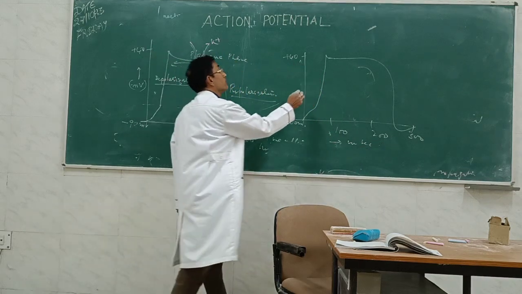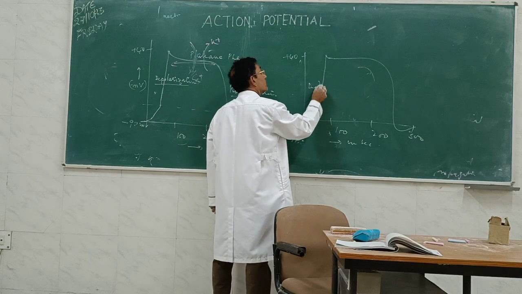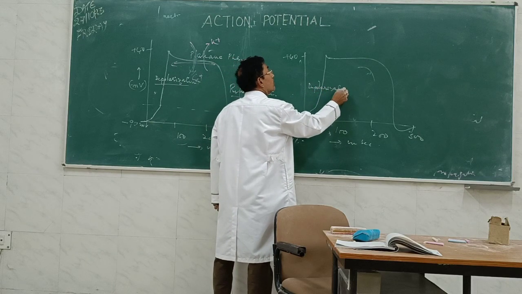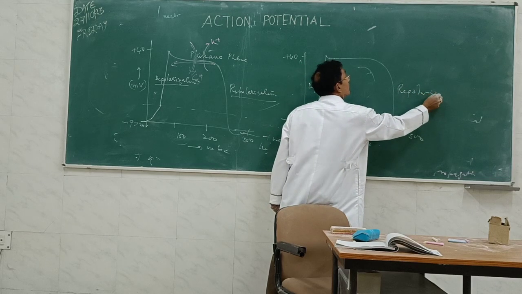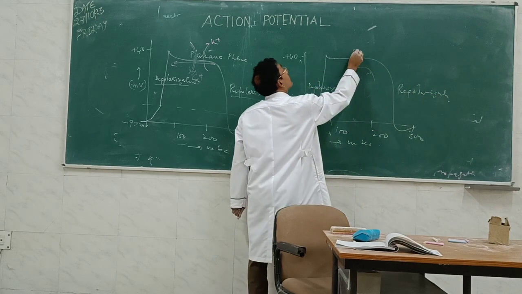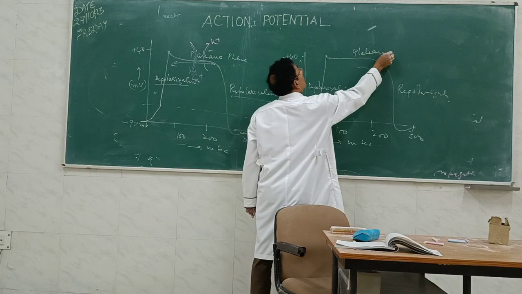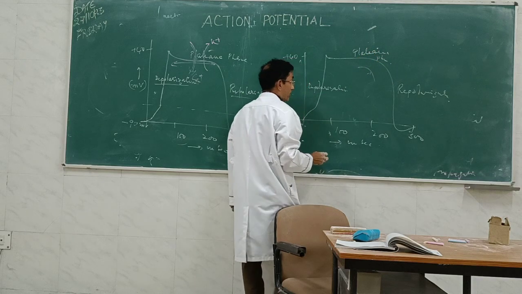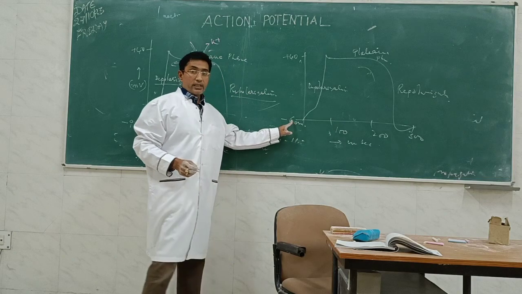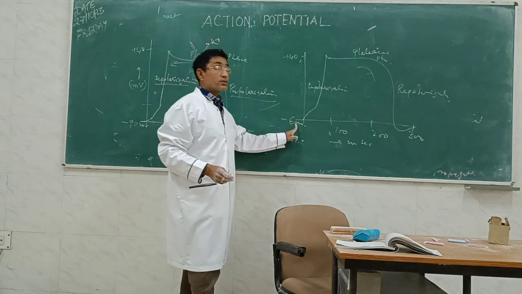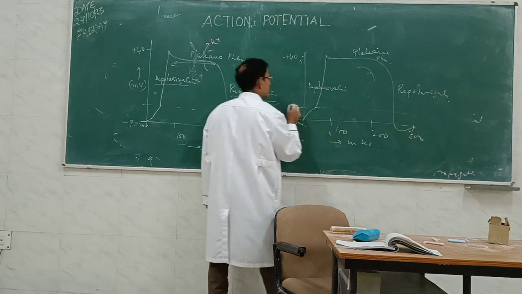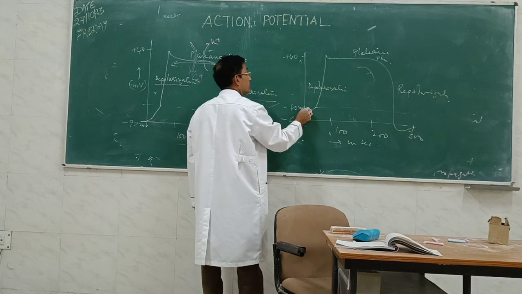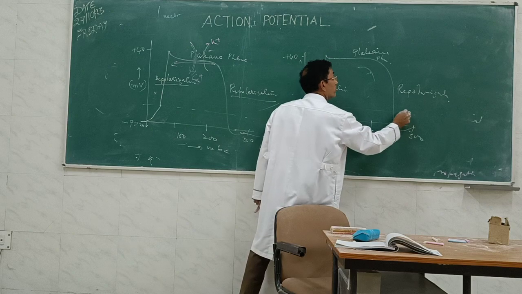Here also we have depolarization, here we have repolarization, and here we have the plateau phase. So the resting membrane potential in smooth muscle becomes minus 60 millivolt. And here we have the threshold potential, that is minus 40 millivolt. That is the threshold potential.